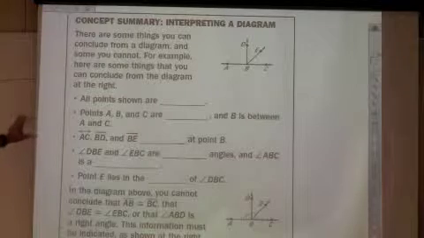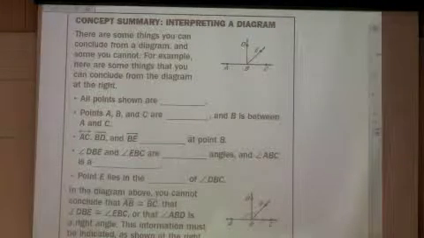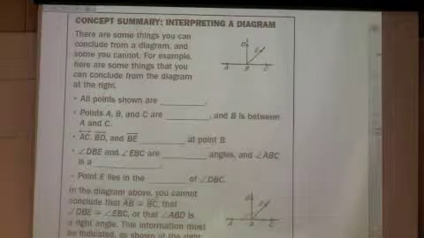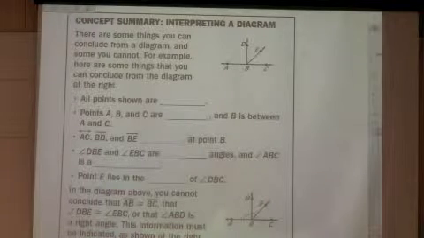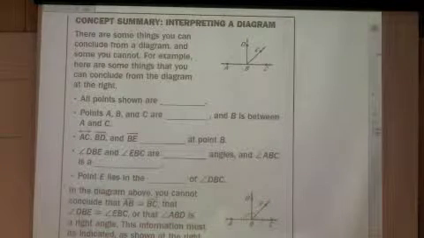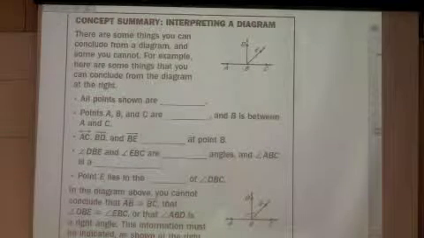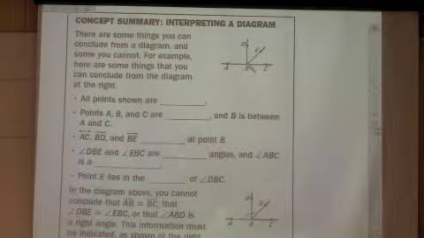Let's quick fill this in, make sure we kind of review it all here. Summarizing all the different things we've talked about with angles and lines. Points A, B, and C are what? If you got 3 points, what do we call that?